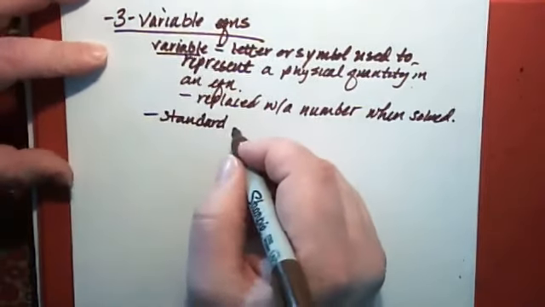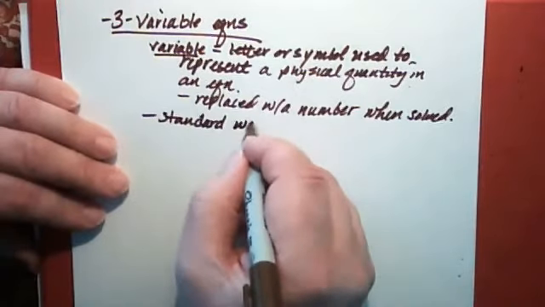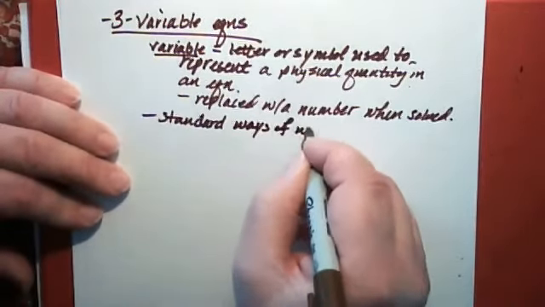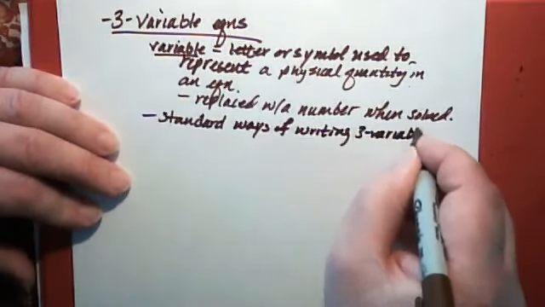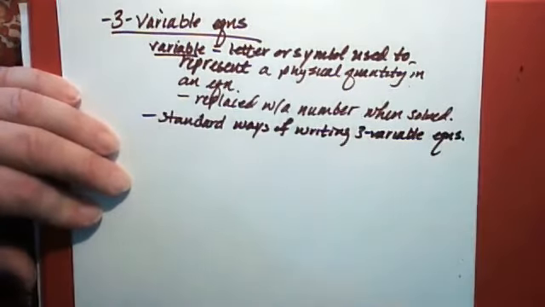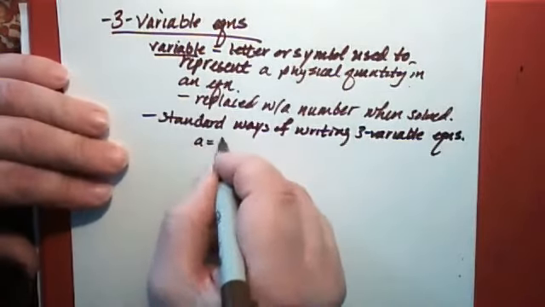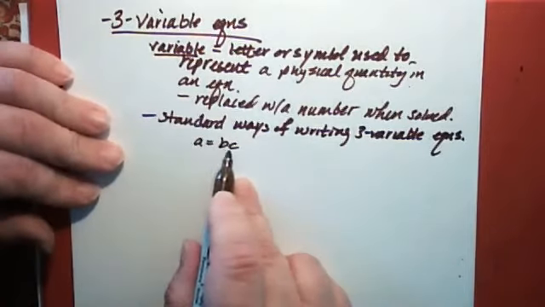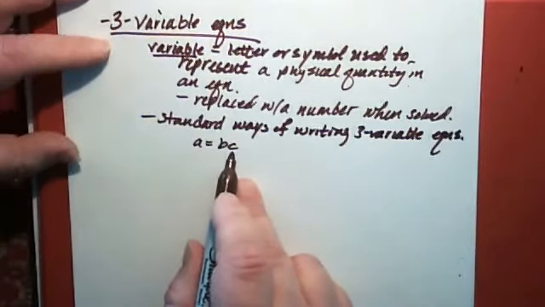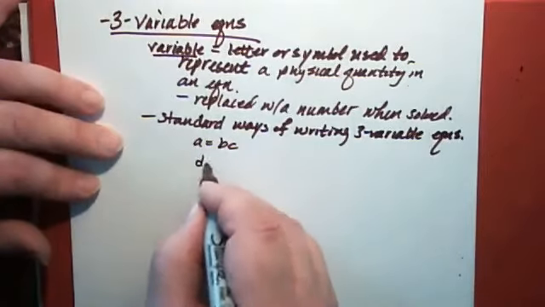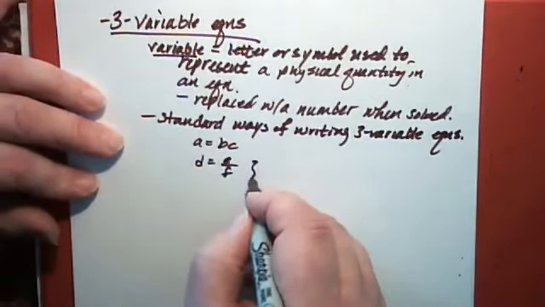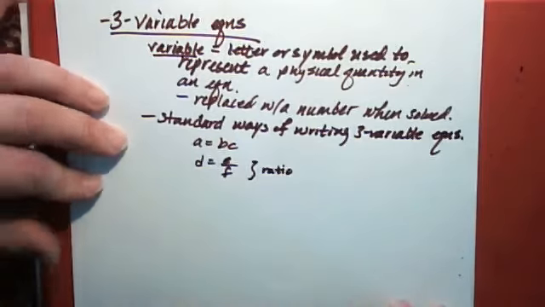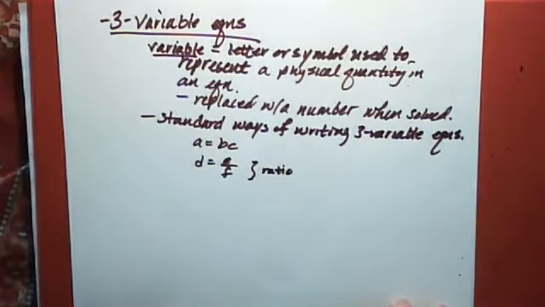There are a couple standard ways of writing 3 variable equations. And one of them would be in the form of something like A equals B times C. And another way would be in the form of something like D equals E over F. And of any proportion like that, something over something else can be thought of as a ratio.